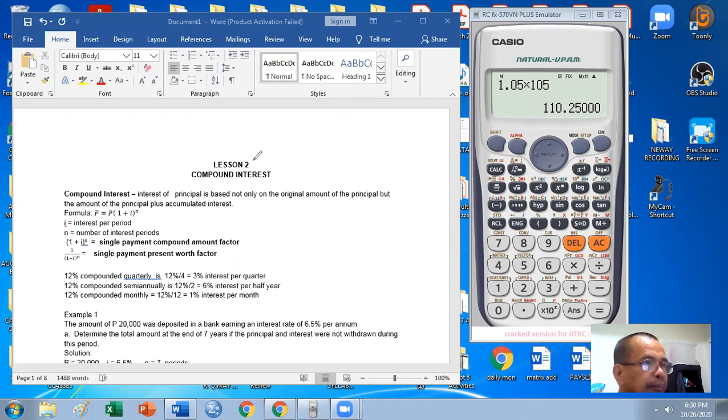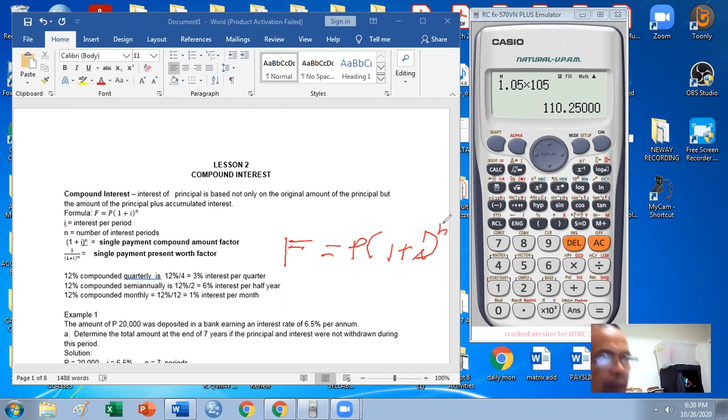Now, ang formula is F is P times 1 plus I to the N. So, tatandaan natin, lagi natin gamitin yan. Is a derived formula. F equals P times 1 plus I to the N.